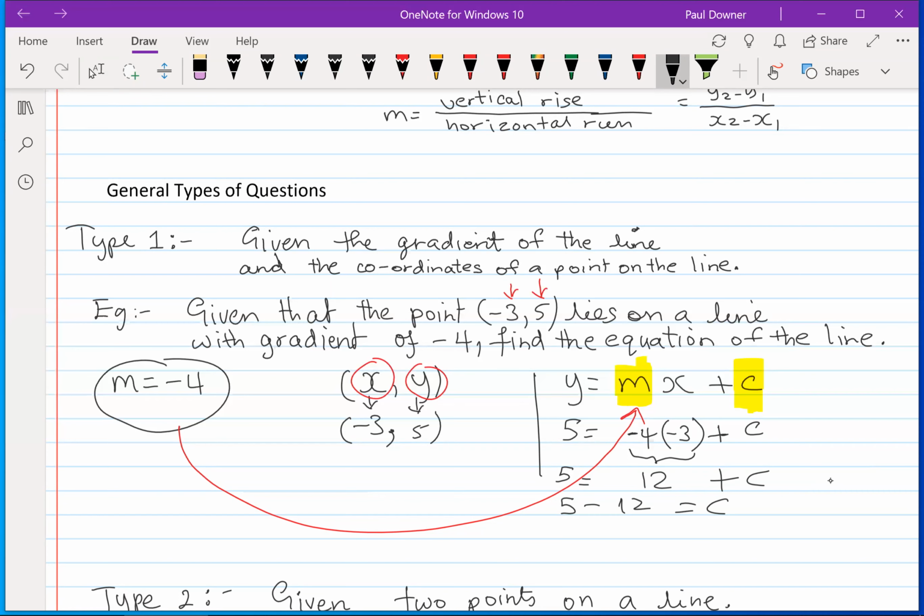Now we're able to work out what c is, and 5 take away 12 is equal to -7. Okay, so have we solved the equation? The answer is yes, because we now have the value for c. This value here is important. So c is equal to -7.